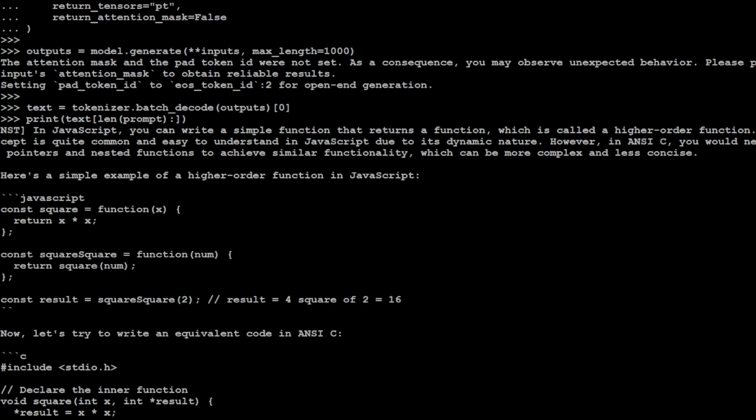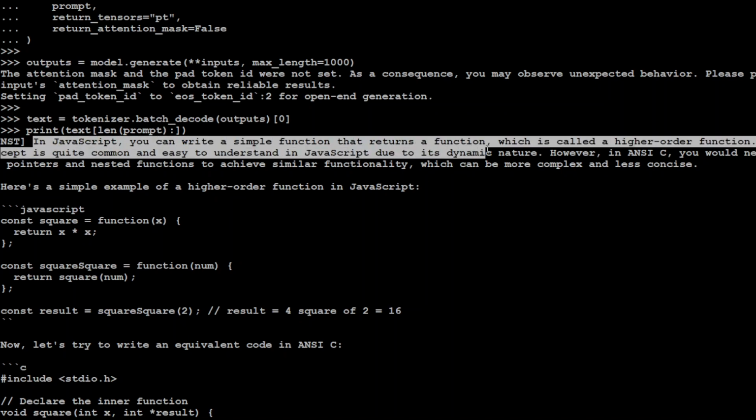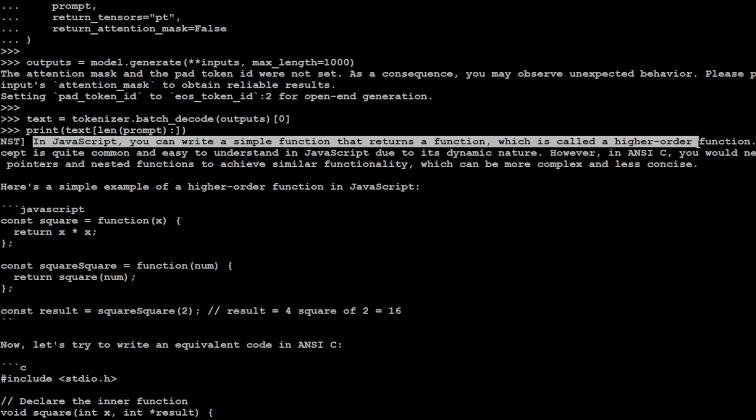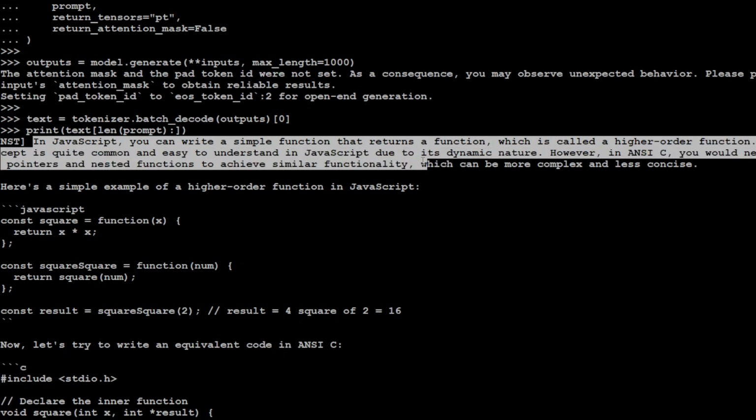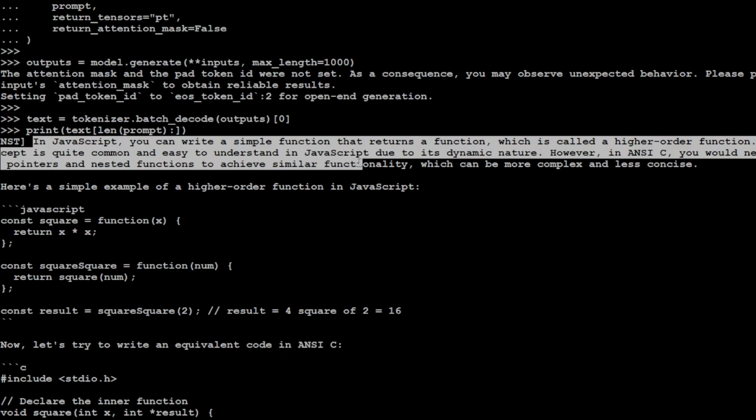There you go. Look at this response and just marvel at the quality of this model. It says that in JavaScript you can write a simple function that returns a function which is called a higher order function. This concept is quite common and easy to understand in JavaScript due to its dynamic nature. However, in C you would need to use pointers and nested functions to achieve similar functionality.